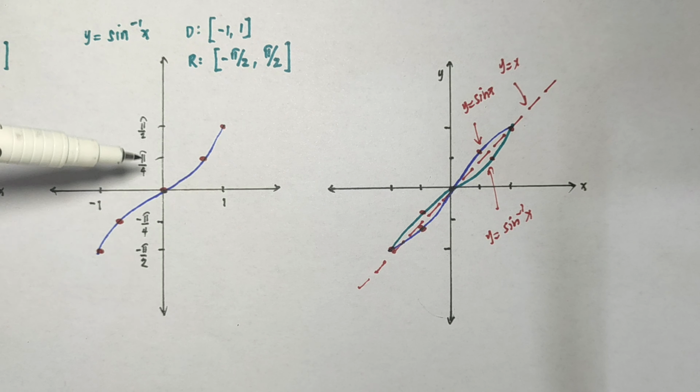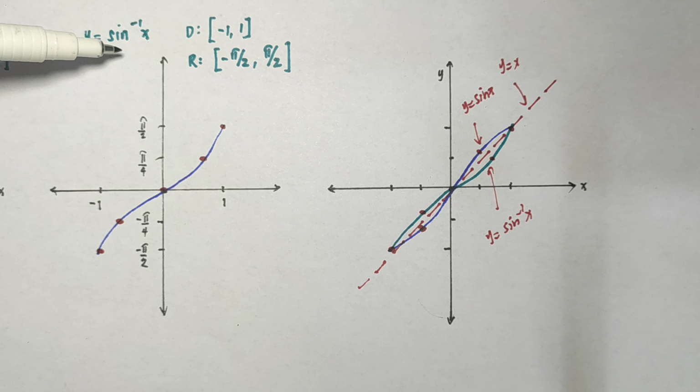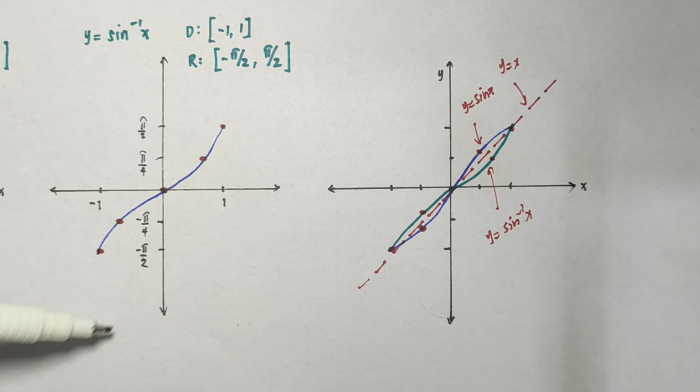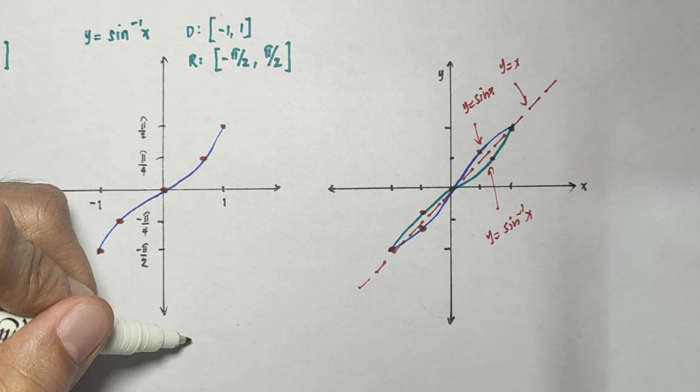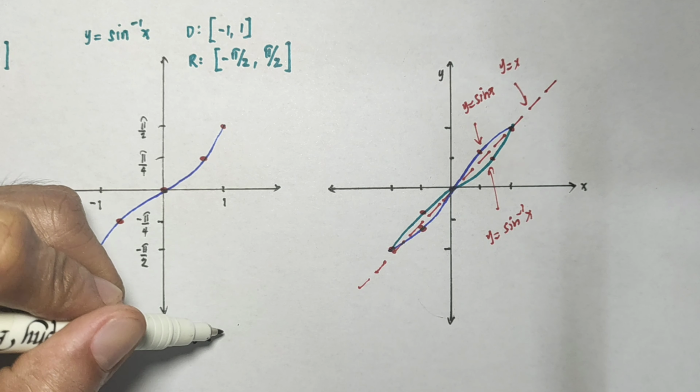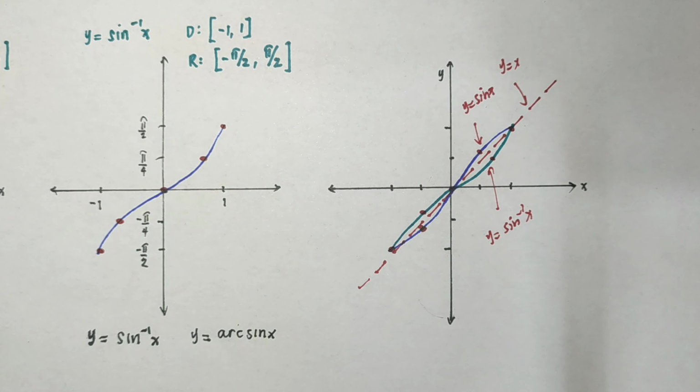Okay, so this is the graph of the inverse of y equals sine x, which is y equals inverse sine x. So y equals inverse sine x can be written as y equals arcsin x.